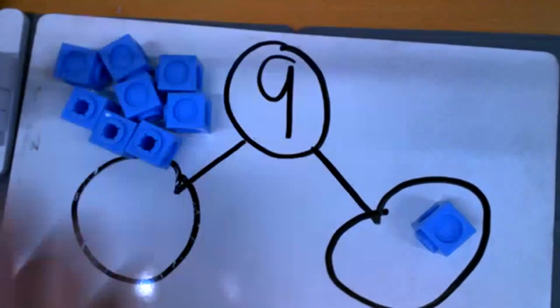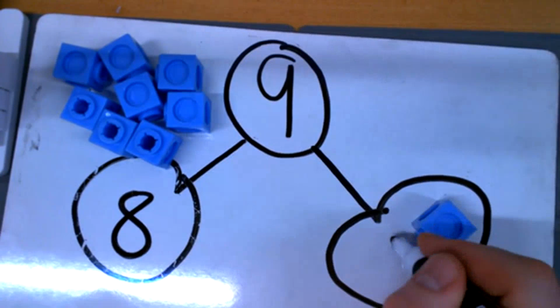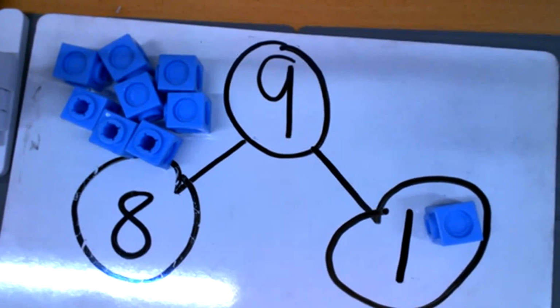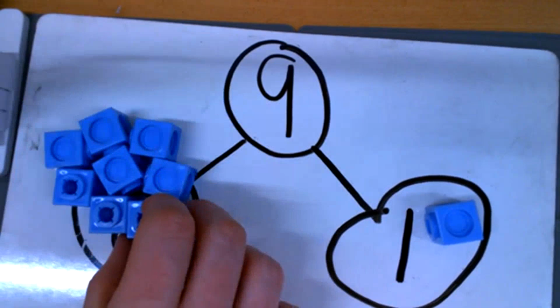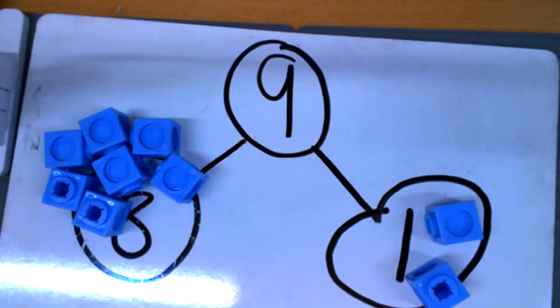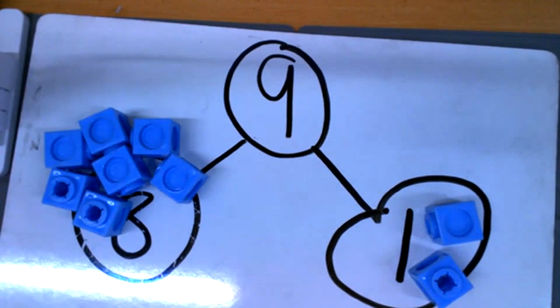So then I can put 8 in here. 8 and 1. Then, boys and girls, I want you to move 1 cube over. Okay, then you count how many is in each part and write the numbers in. Okay, boys and girls, good luck with that. And off you go. Make sure it gets put onto Seesaw afterwards. Thank you.